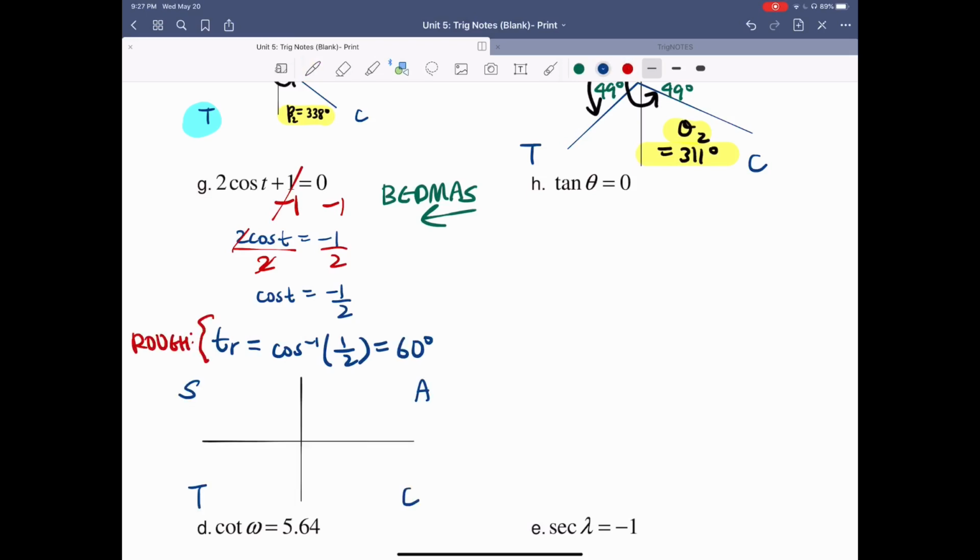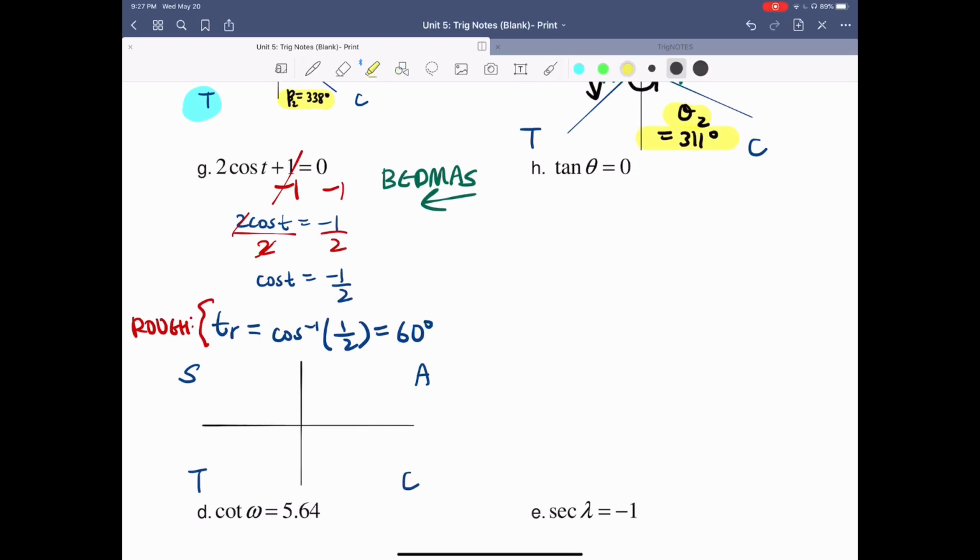So let's figure out where the terminal arms are going to be. According to my CAST, my cos is positive over here. And so when determining where my terminal arm goes, I'm noticing that my original trig ratio, so we have to distinguish, this part is the trig ratio and this is the angle. So my trig ratio is negative. That means I'm going to draw my terminal arm here and here because this is where my trig ratios will be negative for cosine.